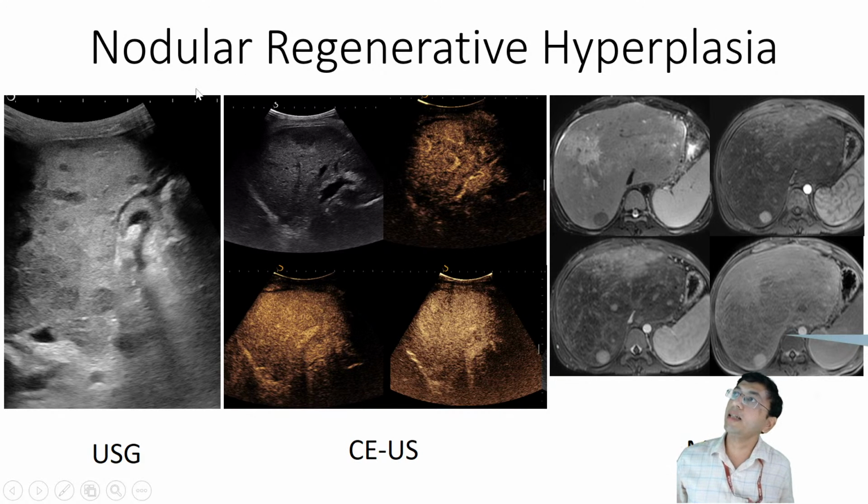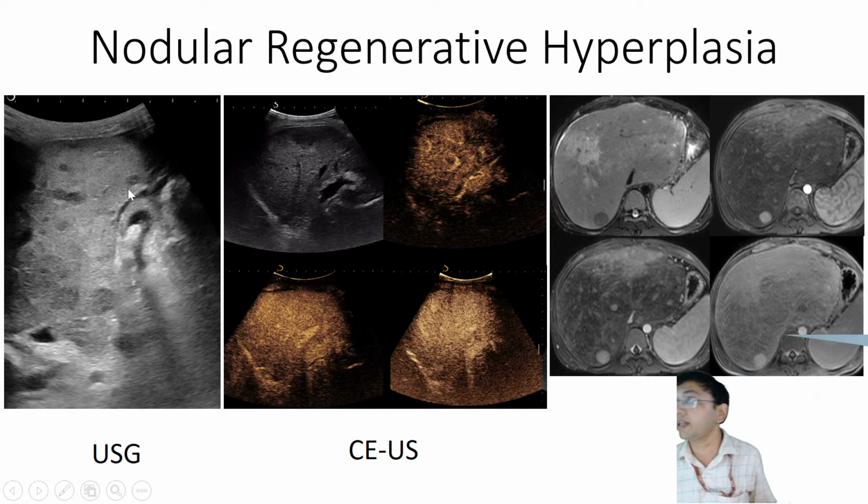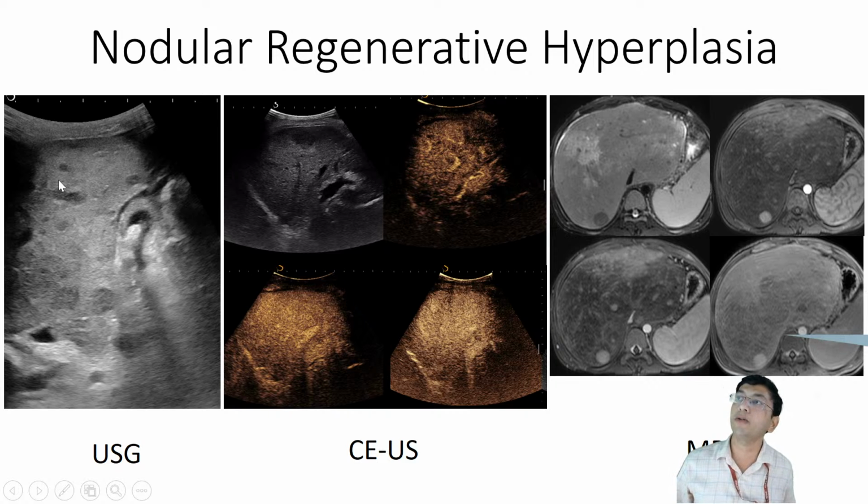Regarding other modalities, as I said, one of the indications is for the characterization of the nodules which can come up in the liver. This is the ultrasound image showing multiple hypoechoic nodules within the liver. Another modality which can be used is contrast-enhanced ultrasound, which may give us more information about the character of this nodule.